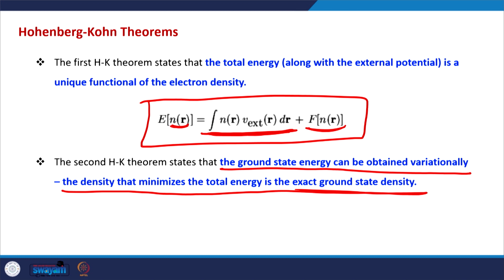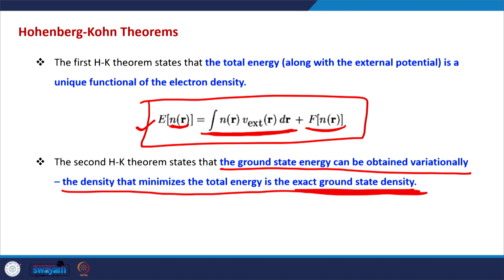So we need to find the electron density function n(r) that minimizes the total energy function, and that will be the ground state electron density function.